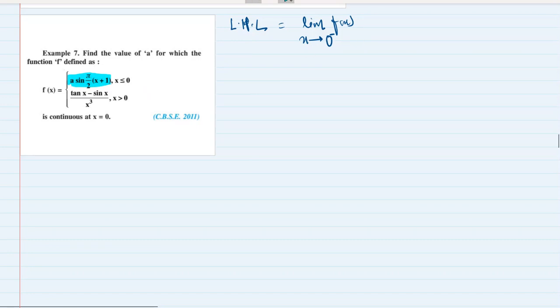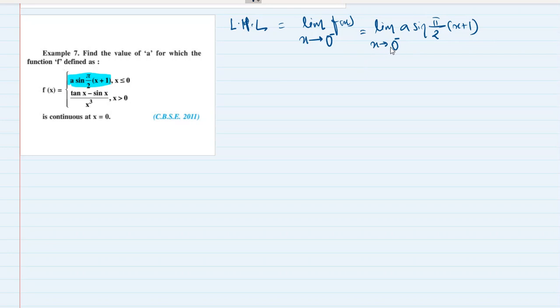Okay, so remember that. Now moving ahead, this becomes limit of a sine pi by 2 bracket x plus 1 when x tends to 0 from the left side, 0 minus.